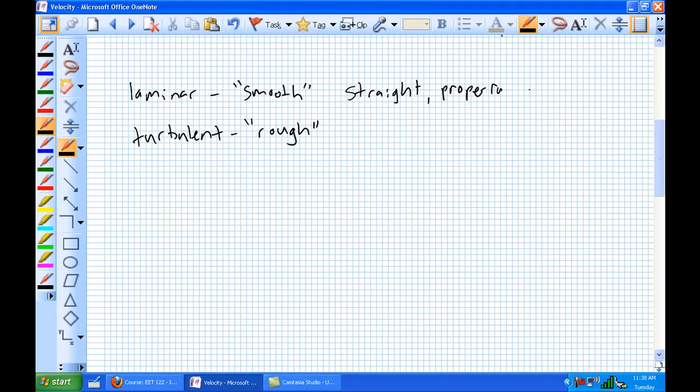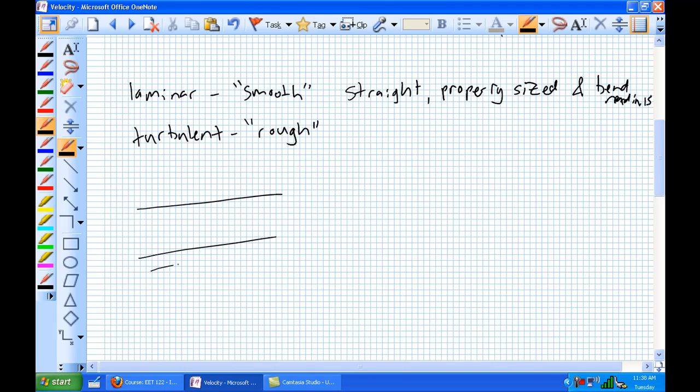properly sized. We're going to come back into properly sizing and bend radius. Think about, here's the cross section of a pipe, and fluid is flowing in this thing.